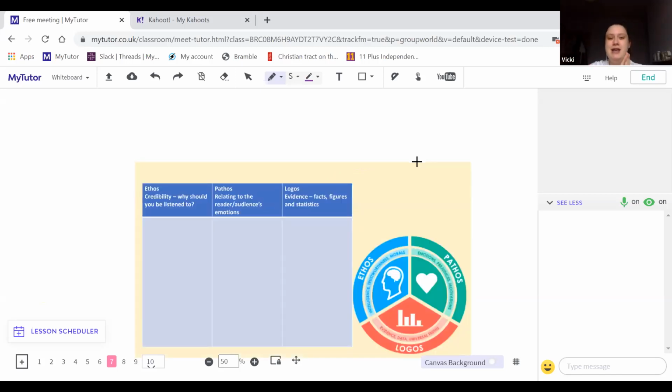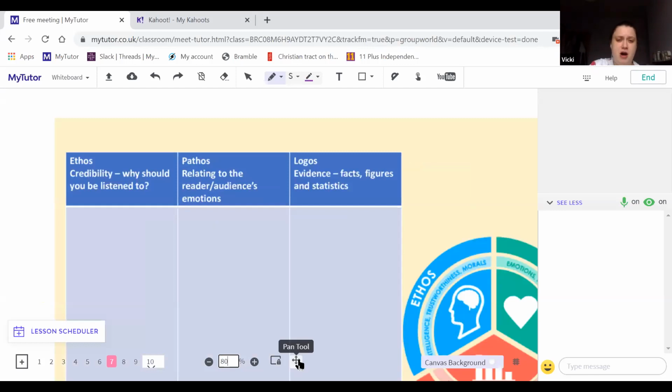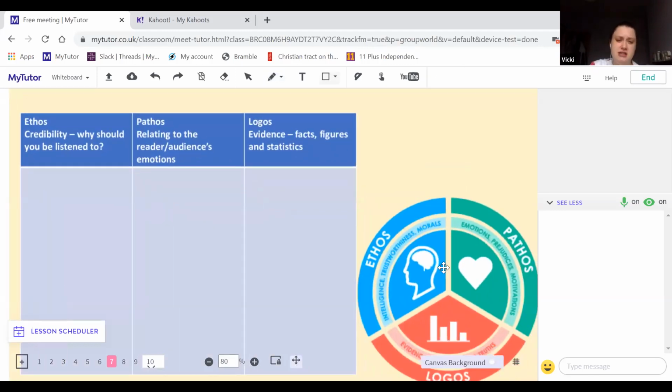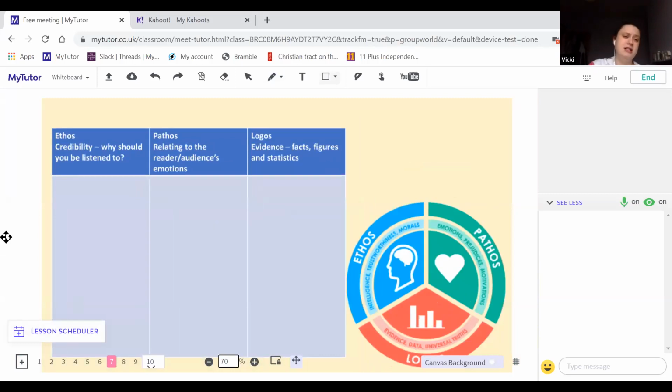Right, so ethos, pathos, and logos. This is really interesting. This is something that one of my heads of department taught me about last year. I'd heard of it, but I hadn't utilised it in the classroom, and I think it's really helpful for you guys for paper 2s.